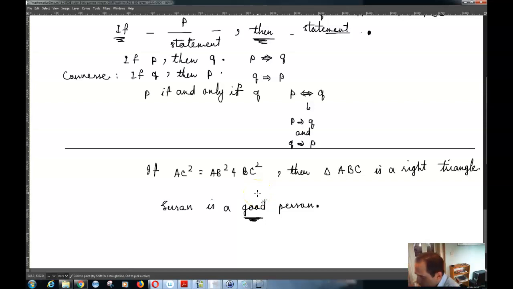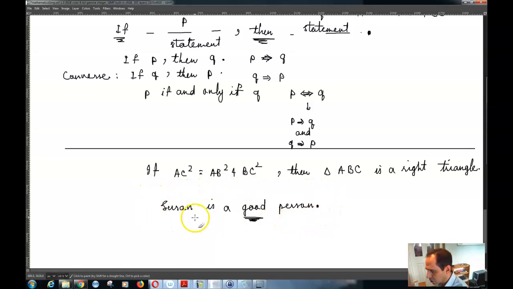Now, in our day-to-day lives, when somebody says that Susan is a good person, people automatically assume that Susan is not a bad person, which is not necessarily true in the mathematical sense and in the logical sense.